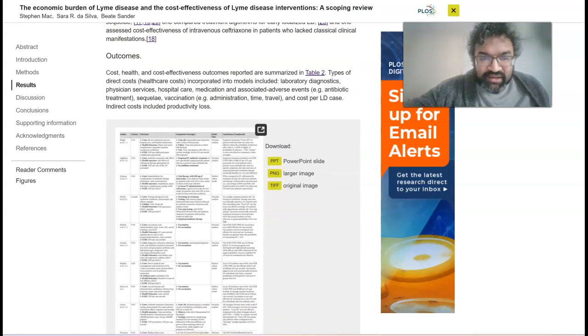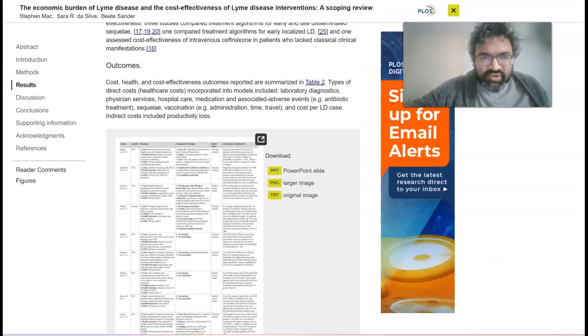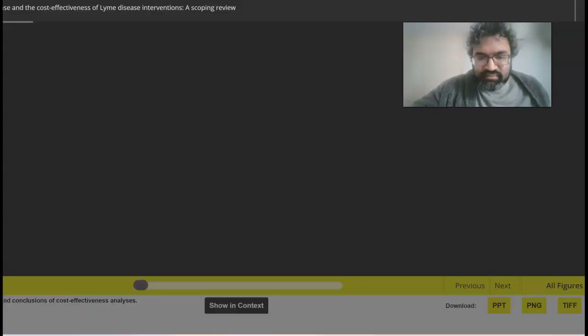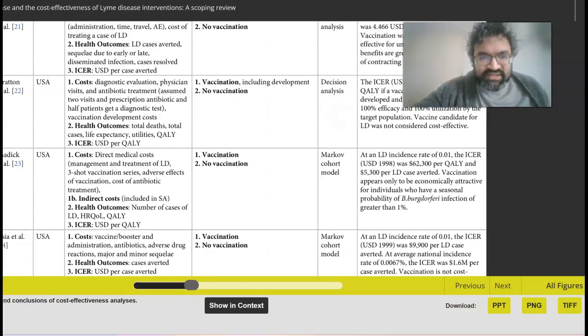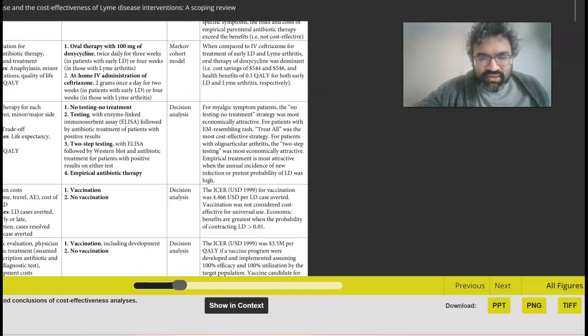So here are the outcomes: cost, health, and cost-effectiveness outcomes reported. This is a bit more detailed here.